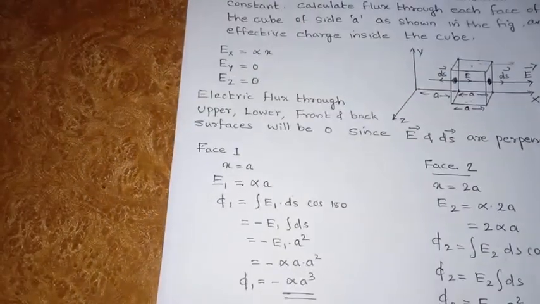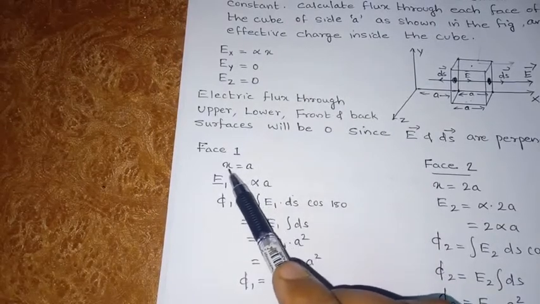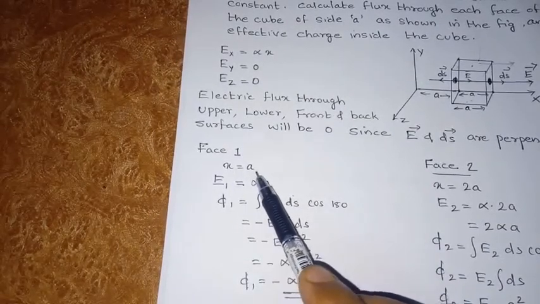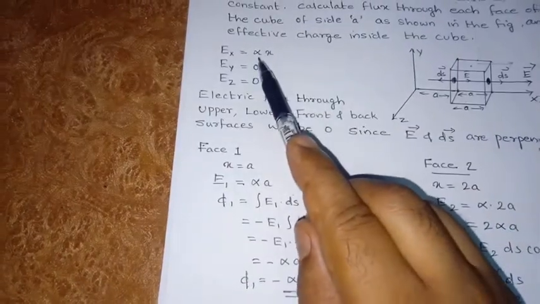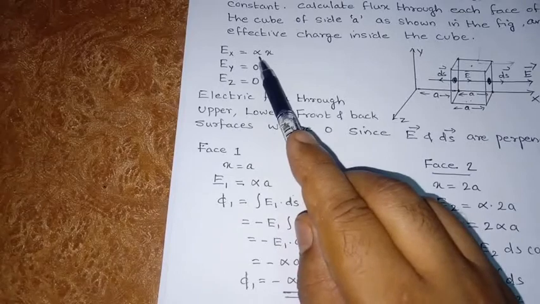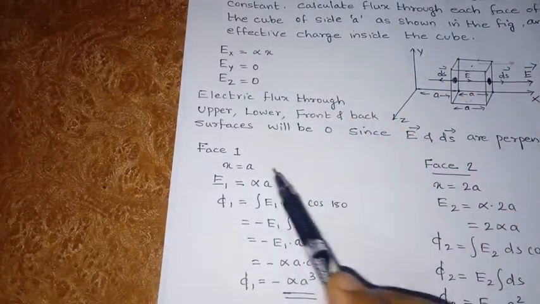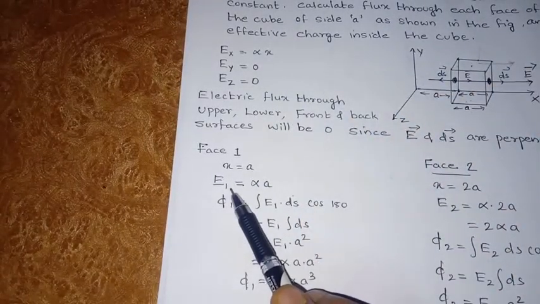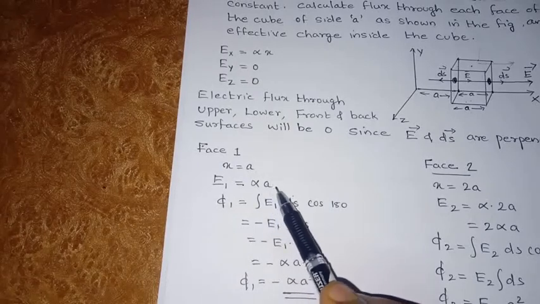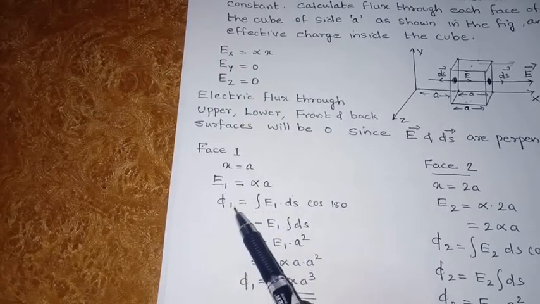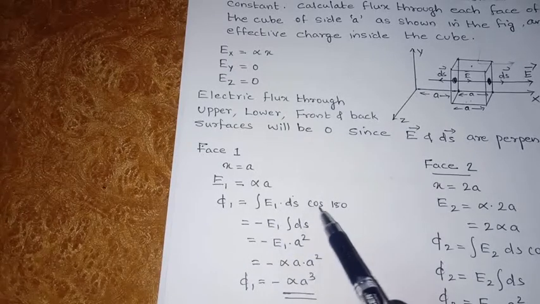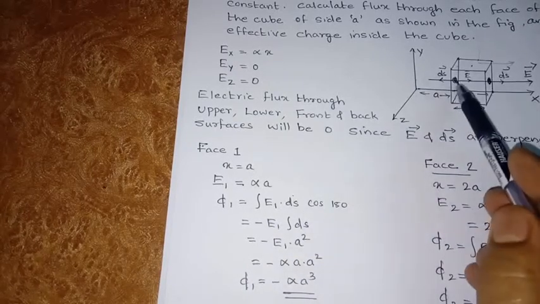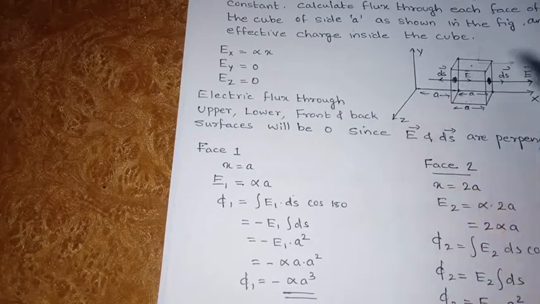Let us consider face 1 or surface 1. There I already explained x is equal to A, and the electric field equation is Ex equal to alpha into x. Since x is equal to A, the electric field E1 is equal to alpha into A. And the flux phi is equal to the integral of E dot ds, E ds cos 180, because the electric field and area vector are anti-parallel.